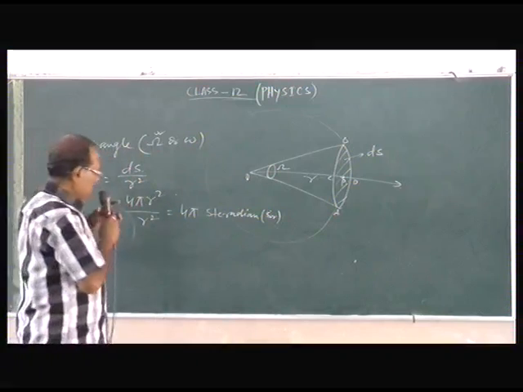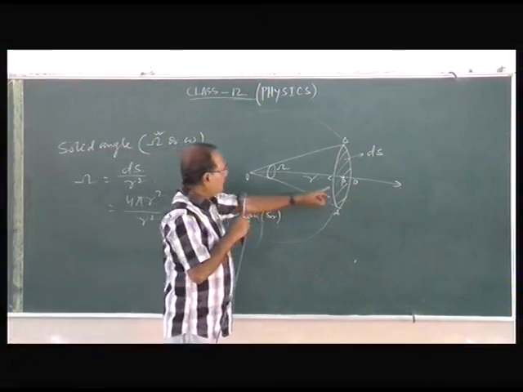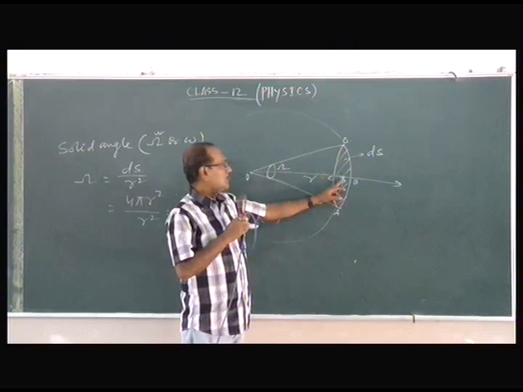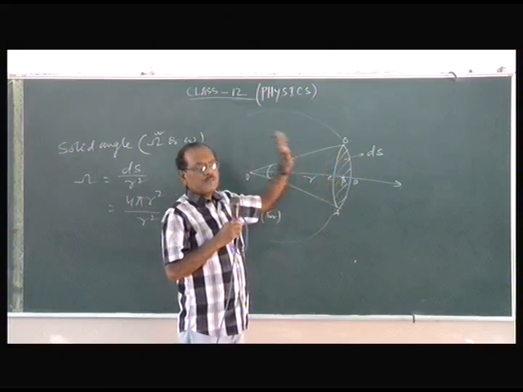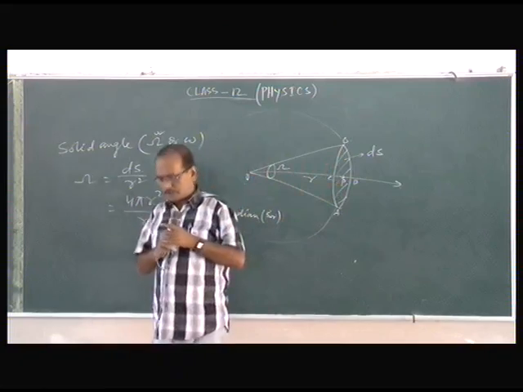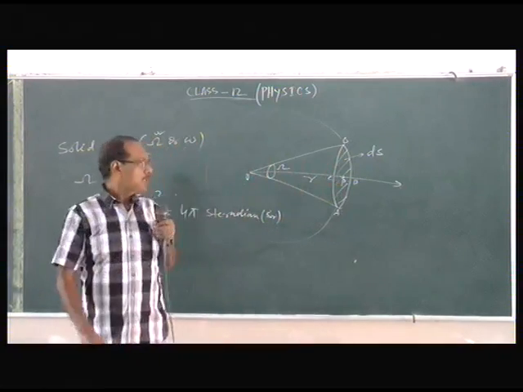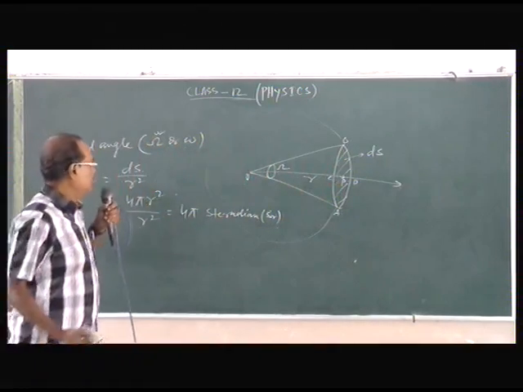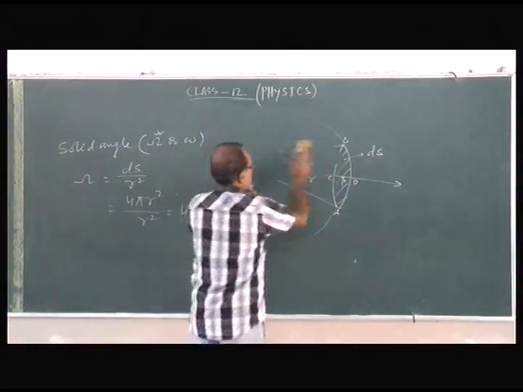Now, in this case, the surface is perpendicular to the line joining OP. If the surface is not perpendicular, then what happens?